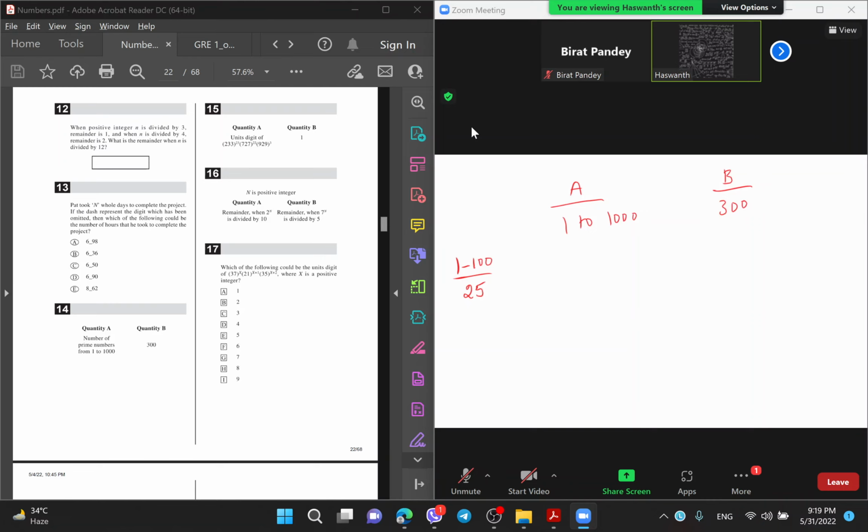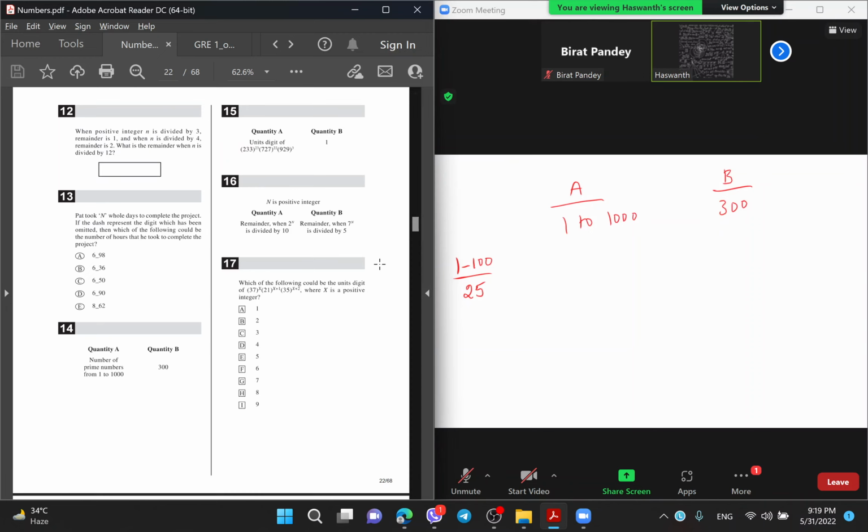Even if it is 25 in each and every interval, like 100 to 200, 200 to 300, from 1 to 1000 there are 10 intervals of 100. So the value will be 10 into 25. But they are not 25, they are less than 25. So the value would be something less than 250. Whereas quantity B is 300, so we say B is greater.